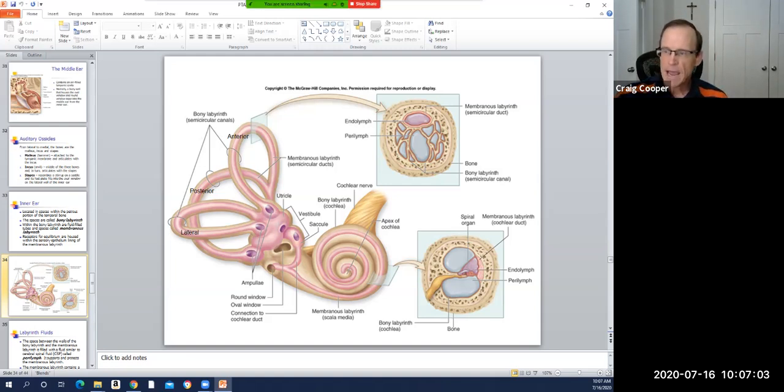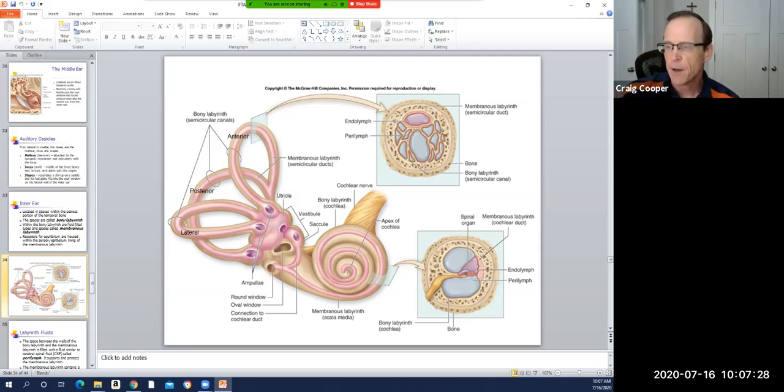The anterior is running front to back this way. So if I do something like a somersault, that's going to cause fluid to move in this tube, and that's going to trigger motion at these ampullas to let me know that I'm doing a somersault. I'm moving in the sagittal plane, but in a rotational function.